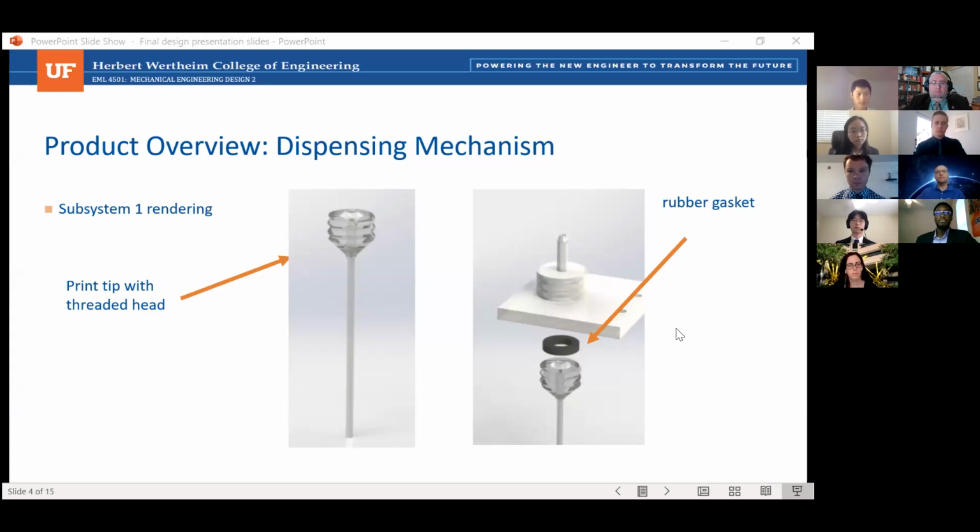In subsystem 1, the dispensing subsystem, a customized printing head is designed which can be installed onto the motion platform through an attachment. The threaded external surface of the dispensing tip and the internal surface of the printing head attachment structure will be connected by simply screwing in.